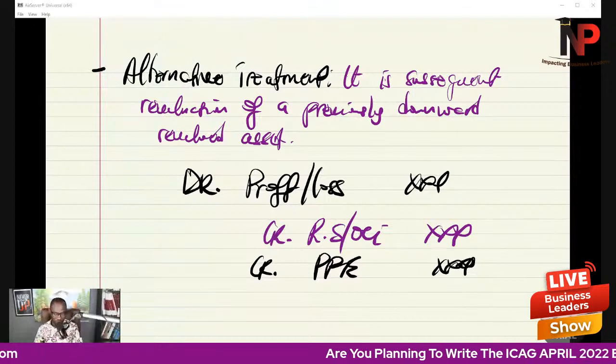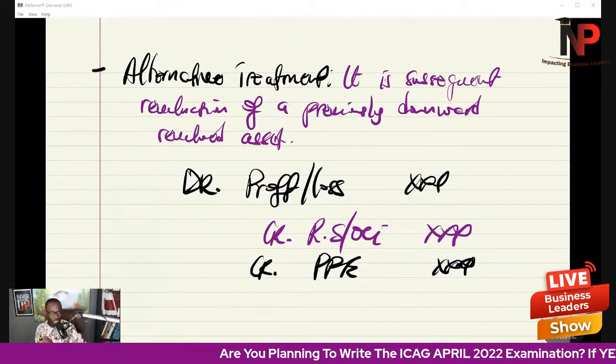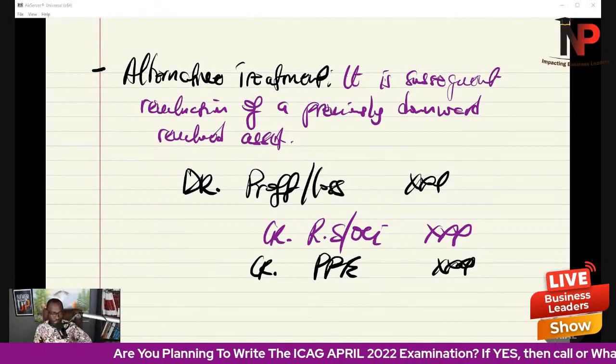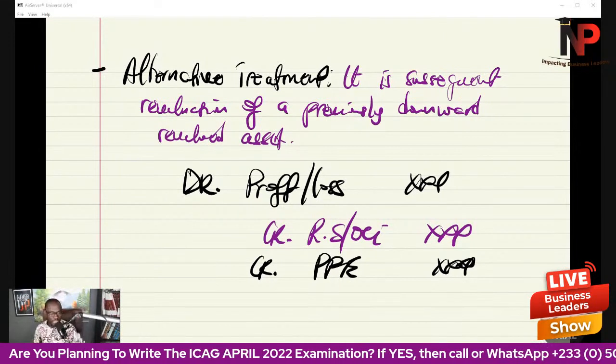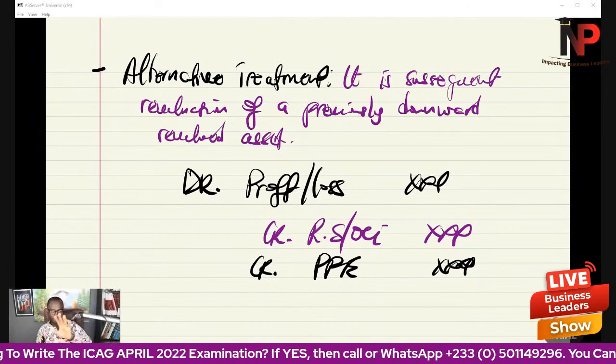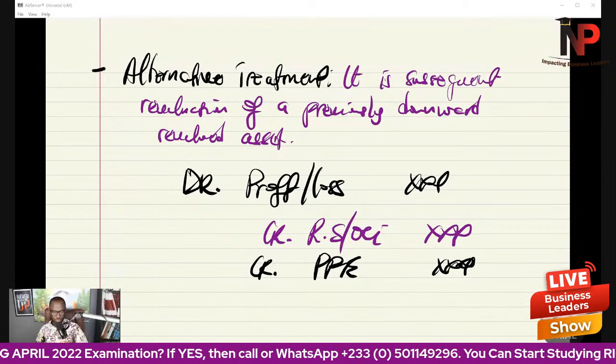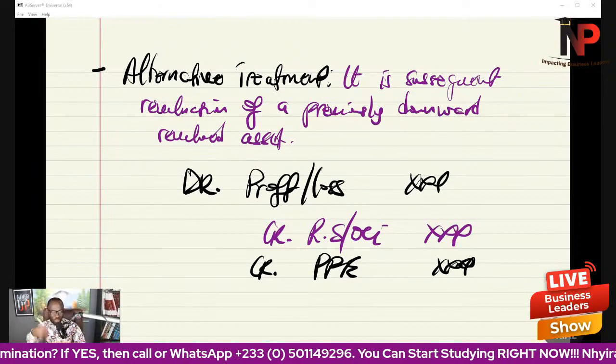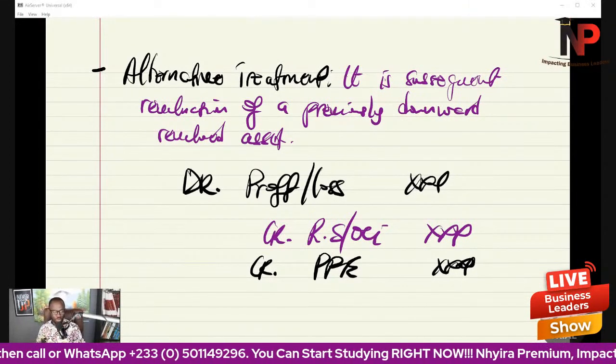So if we are revaluing the asset this year and it is a gain, but in the previous year the asset suffered a loss, we go back and write off the loss equivalent to that.